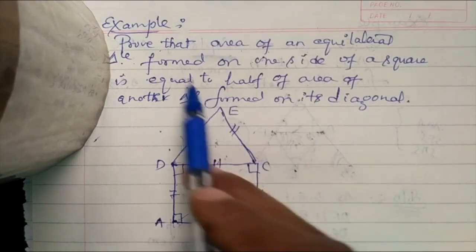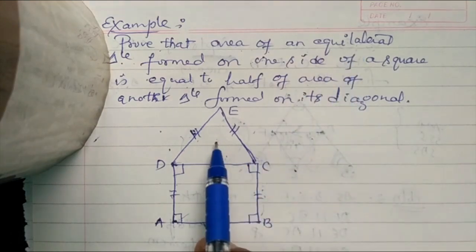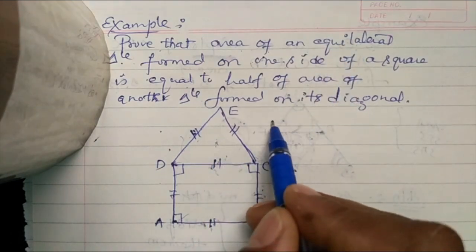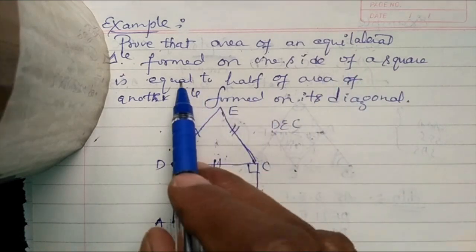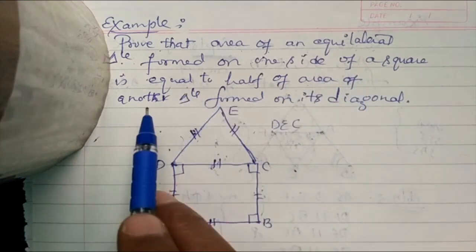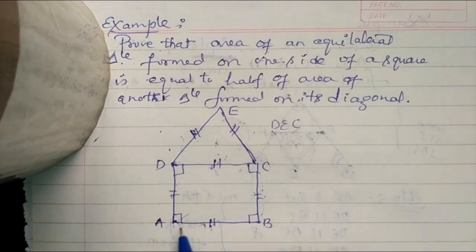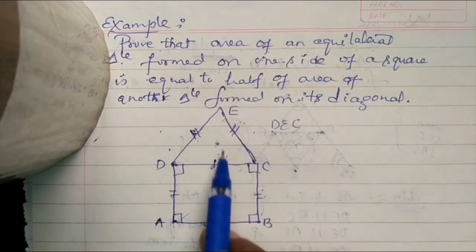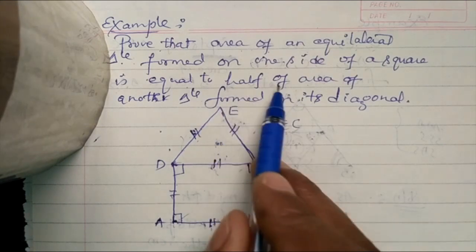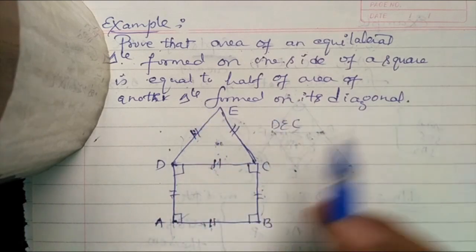The area of this equilateral triangle DEC is equal to half of the area of another triangle formed on the diagonal. So this triangle's area is half of that triangle.